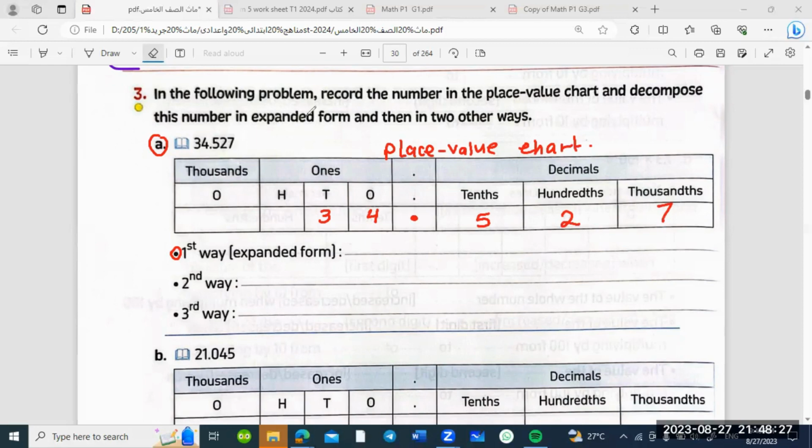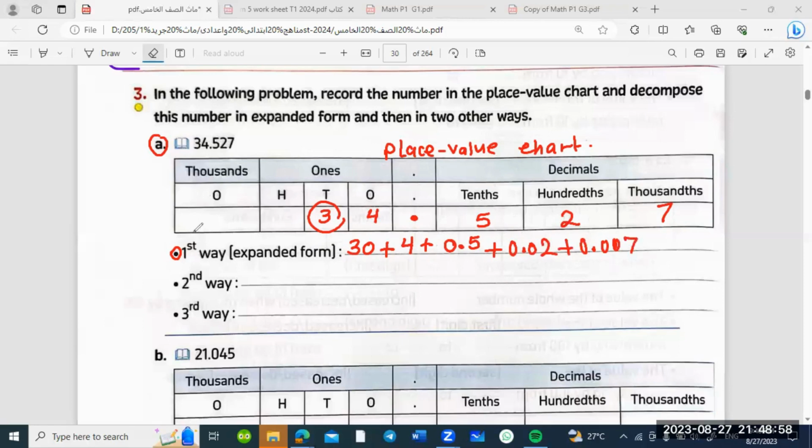Now I need you to take each digit with its value. For 3, it will be 30. The 4 will be 4. The 5 will be 0.5 because it's 5 tenths. 2, Jana, 2 will be 0.02. And the 7 will be 0.007.